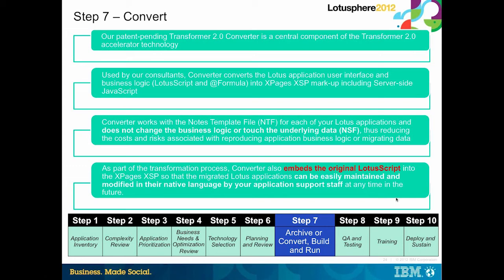Now, we don't just do that under the covers in a black box kind of way. We actually bring over the original Lotus script and embed that into the converted output, which is the XPages and the custom controls.